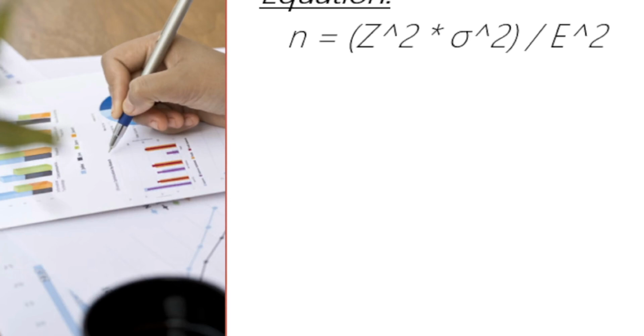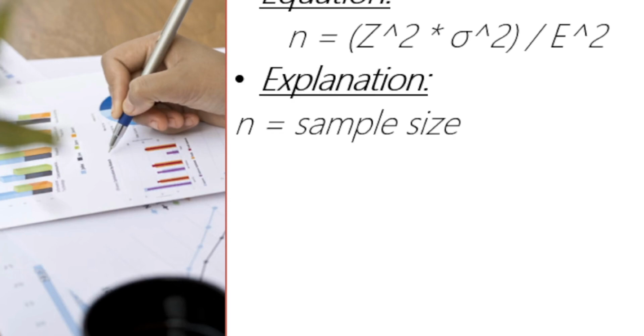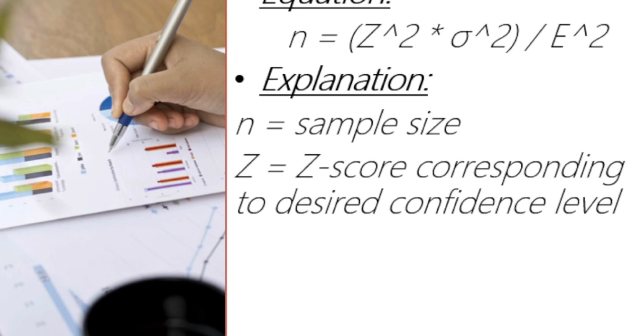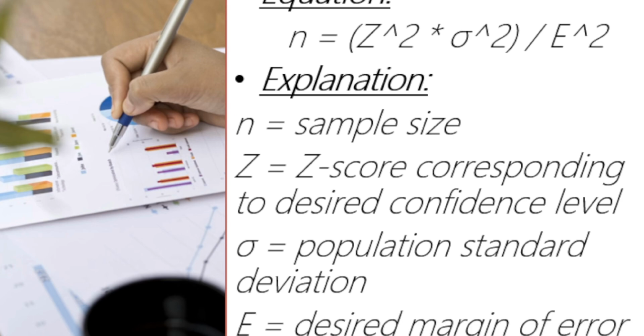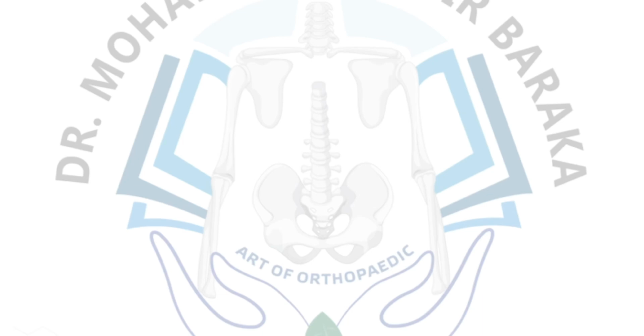The formulas, we have equation as you see in this slide with the explanation. Just have a look at this formula, but nowadays it is used just by a statistician, not a researcher. The researcher usually uses the software programs to calculate their sample size.